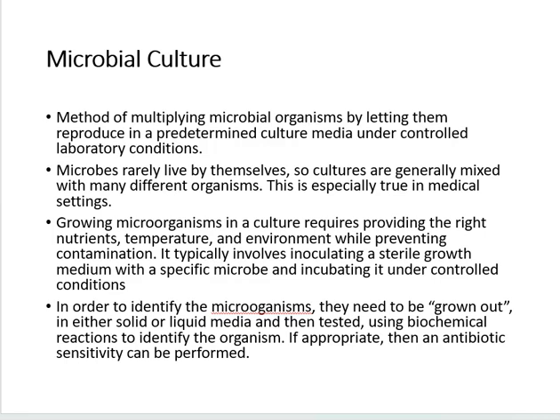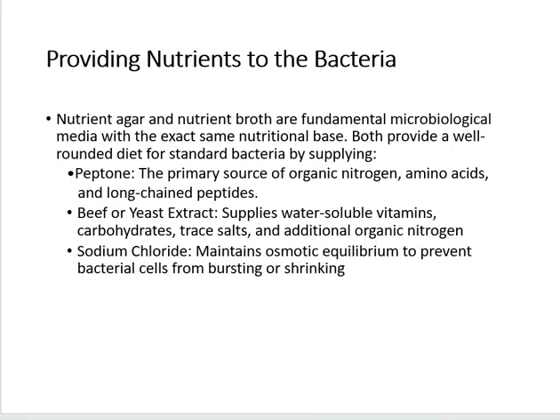So we will provide, based on where these specimens are coming from, the proper environment for the usual pathogens that occur. So in order to identify these organisms, they need to grow out in either solid or liquid media, and then they are tested using biochemical reactions to identify the organism. And then we can do an antibiotic sensitivity if something grows out.